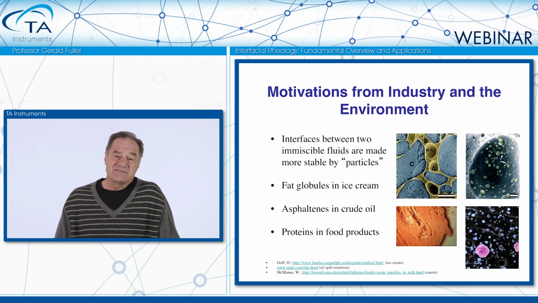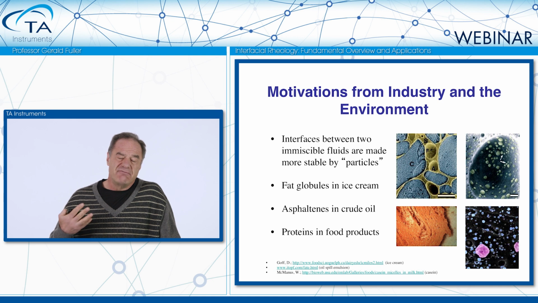And if there are asphaltenes in that oil, they'll stabilize those oil droplets and water droplets that are formed to make it very hard to clean up the mess. So, it becomes very important for a number of reasons to properly characterize these very nonlinear mechanical responses that we have for these types of interfaces.